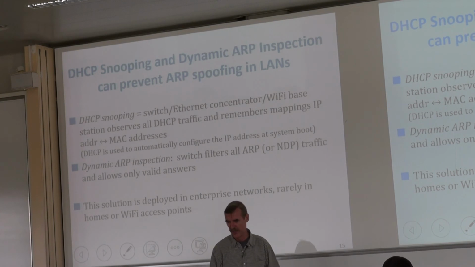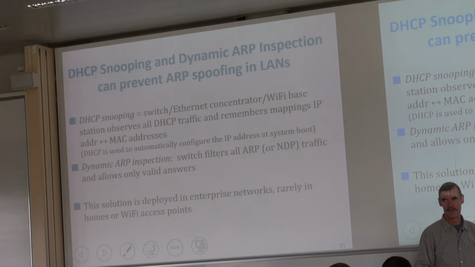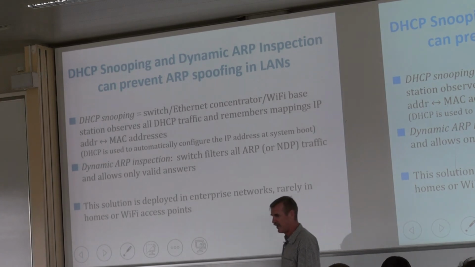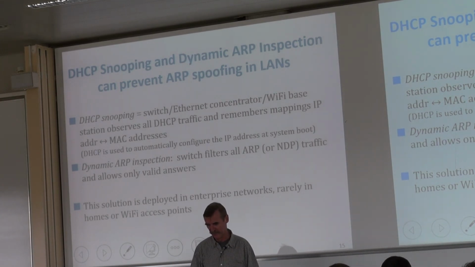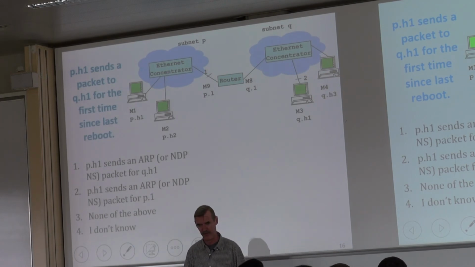So if we do this, then we will avoid the problem of ARP spoofing, providing that the first phase is correct, so nobody is cheating with DHCP, which is another story. So this is commonly done in banks, in enterprises where you care about some level of security.